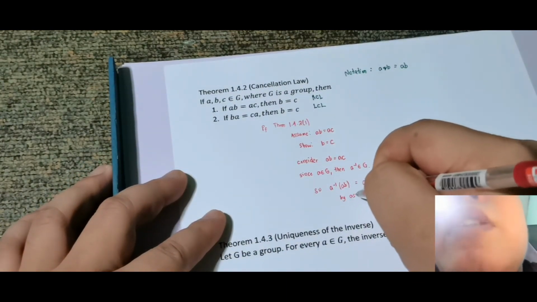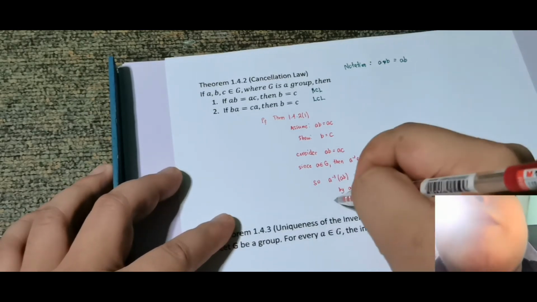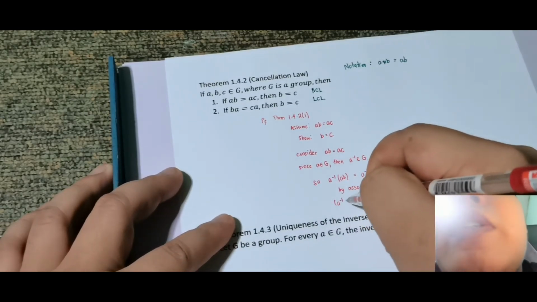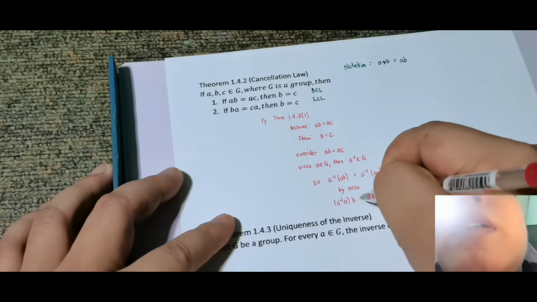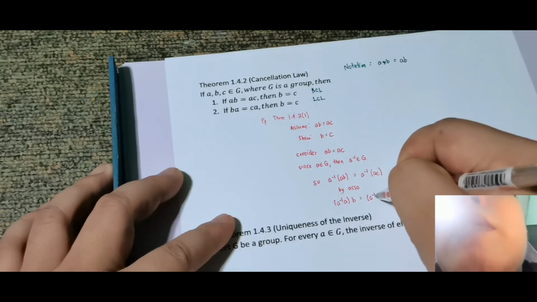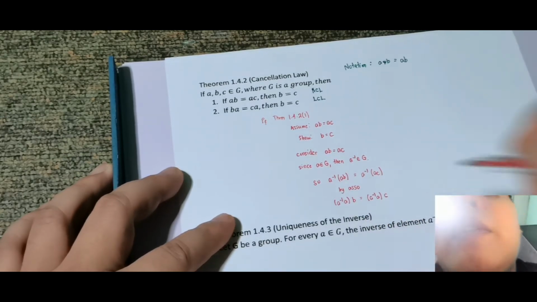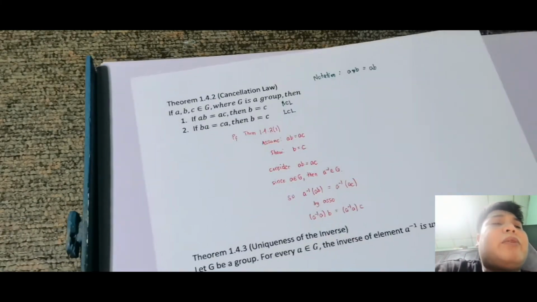So, by associativity or by ASO, we have A inverse A B is equal to A inverse A C. Okay, next is, by anong property yung ginagawa dyan?